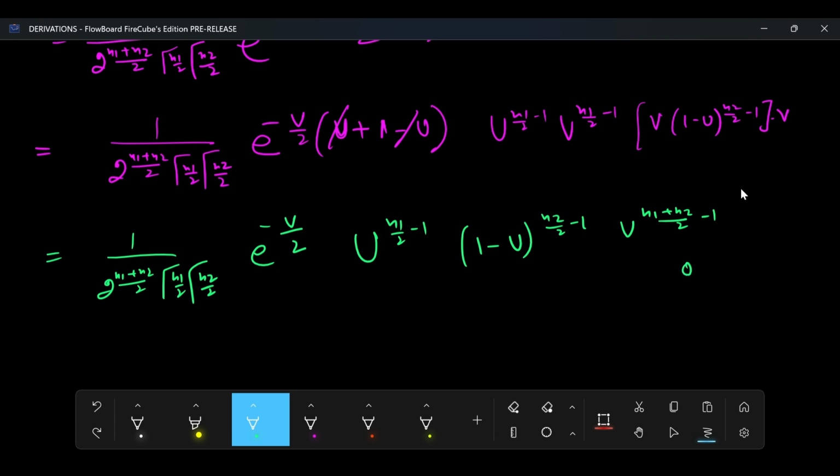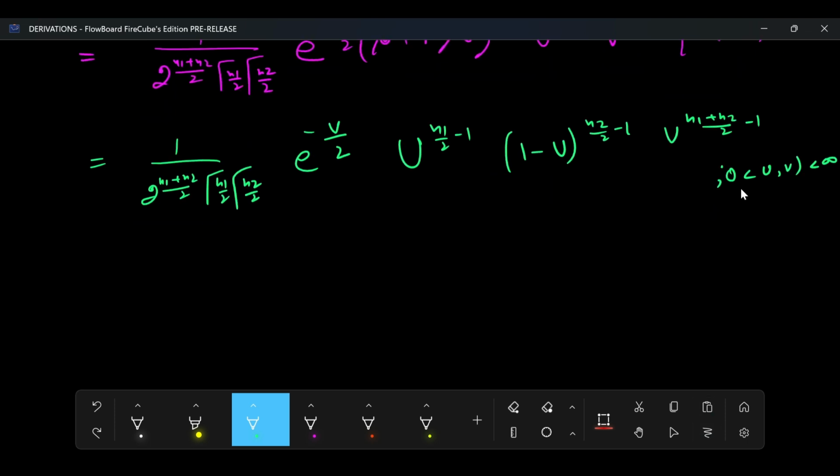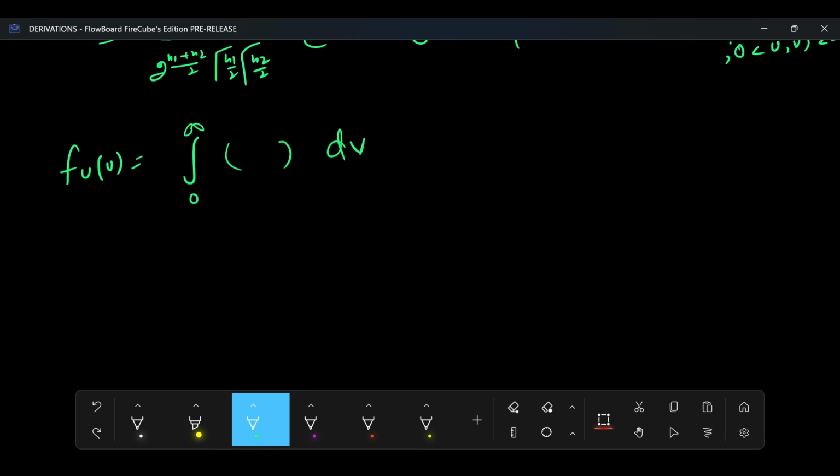Now from this, u comma v is in the range 0 to infinity. So from this, if I need the marginal of u, that's f of u, I will integrate this function with respect to v from 0 to infinity. Now say f of u, that is simply f of x1 plus x2.